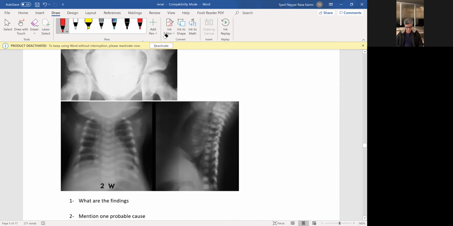If you see, these are the associated X-rays, and in this X-ray you can't see much of the lung fields. This is because of pulmonary hypoplasia. Sometimes if there is pulmonary hypoplasia associated with renal problems, we call it Potter sequence.